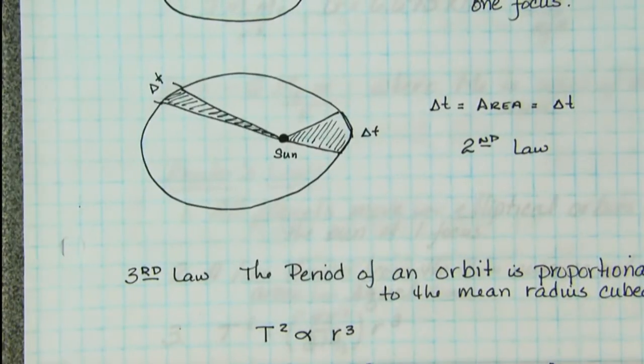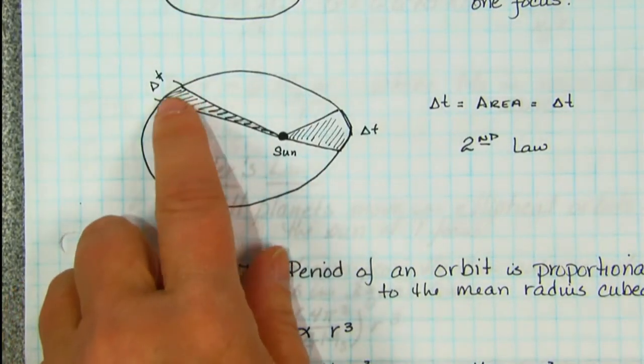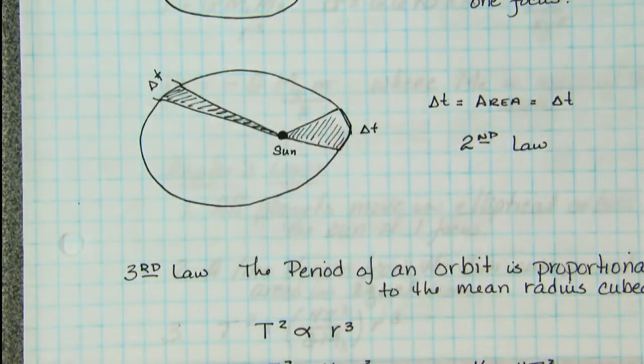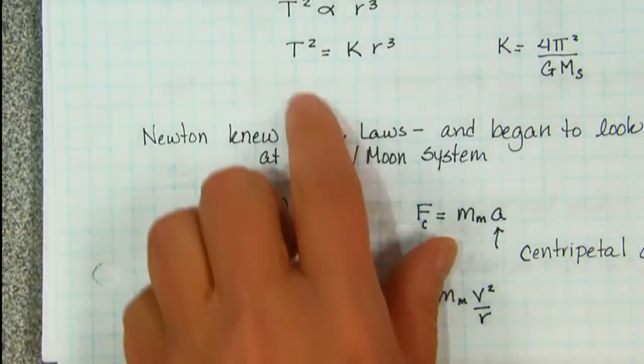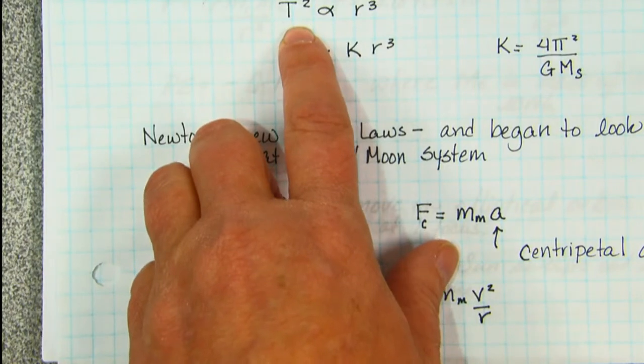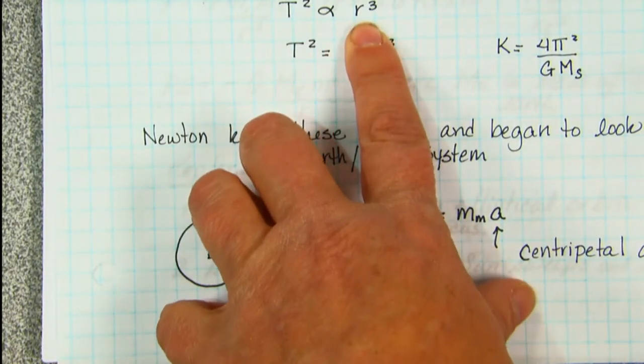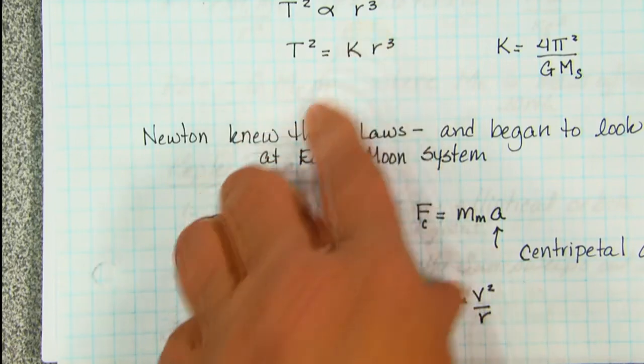Kepler's second law is that if the change in time here and the change in time here are the same, the areas of those triangles are the same. And the third law is that the period of the orbit squared is proportional to the radius cubed.